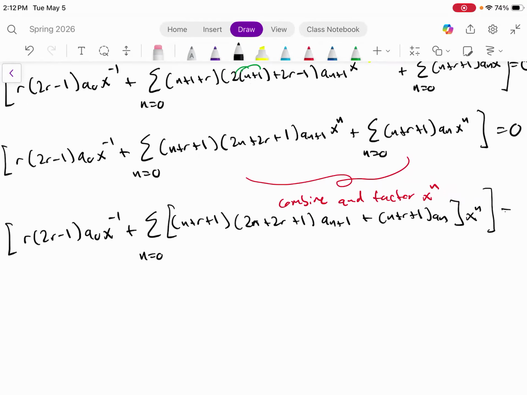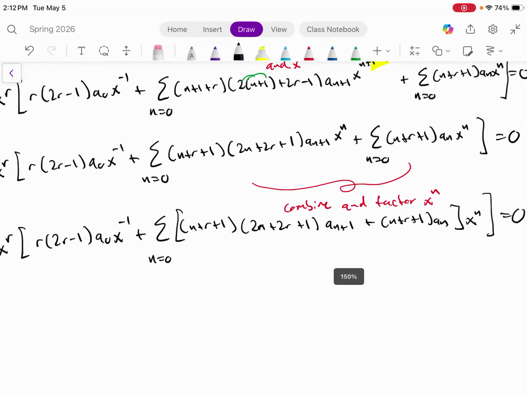Okay, and just don't forget that equals 0, and it's all bracketed by x to the r.